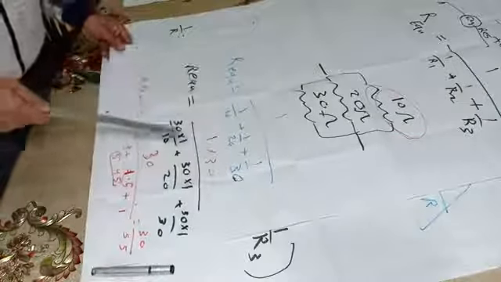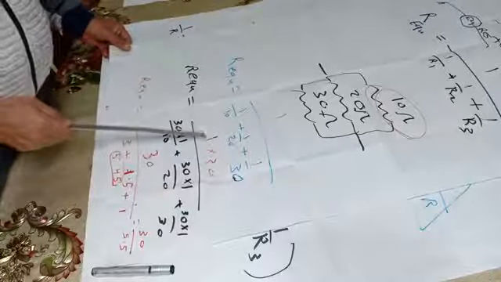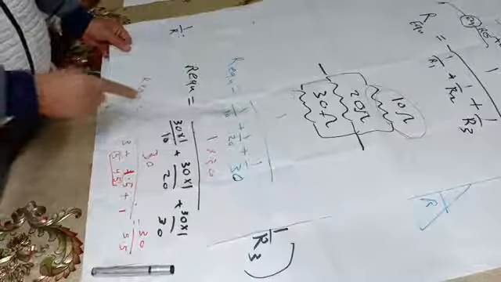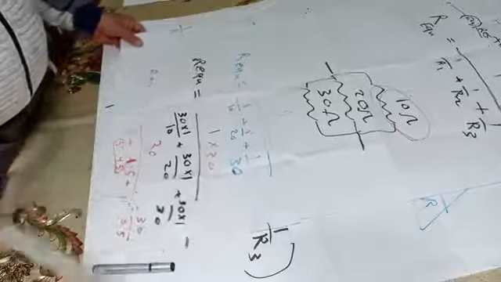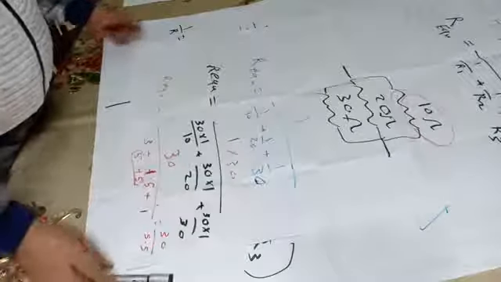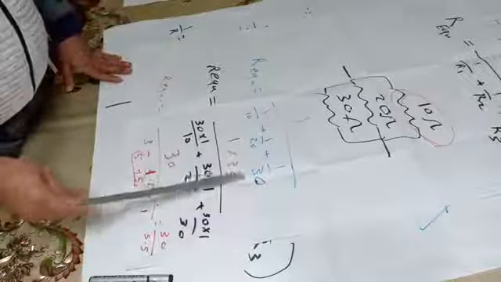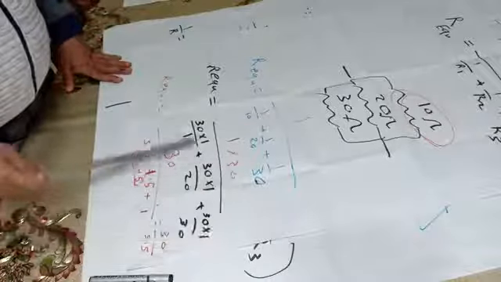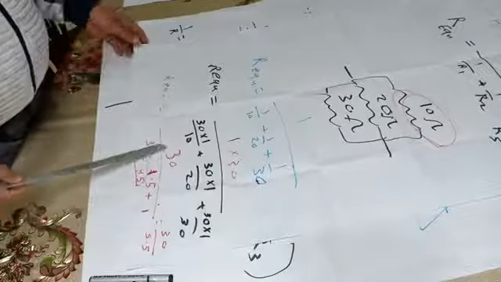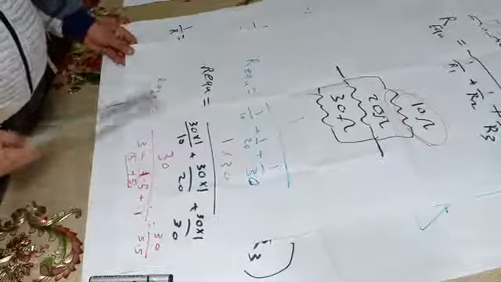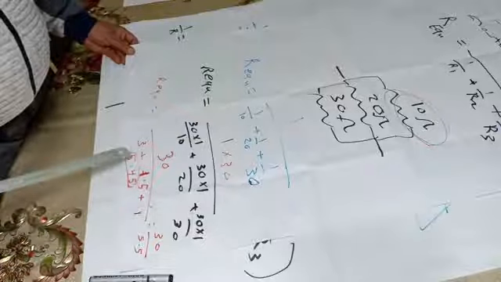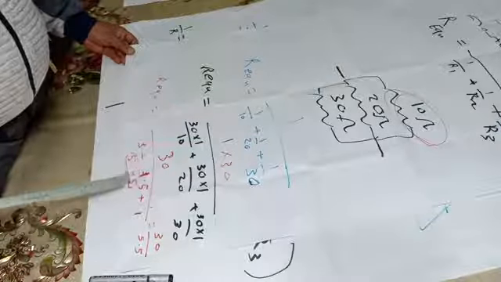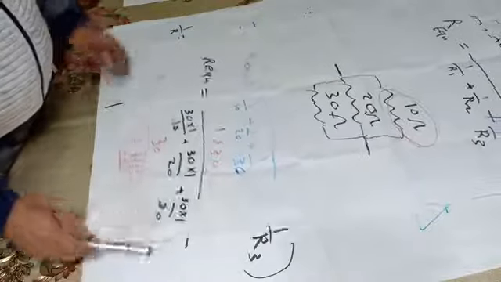R equivalent equals 1 over, and we can calculate this by classic way. We put the numerator in 30 and denominator in 30 to become R equivalent equals 30 over 5.5 equals 5.45 ohm.